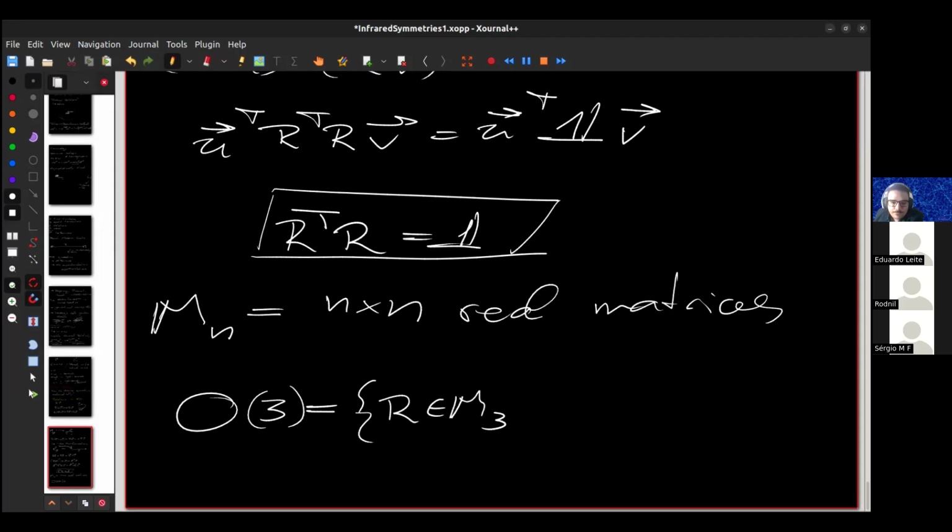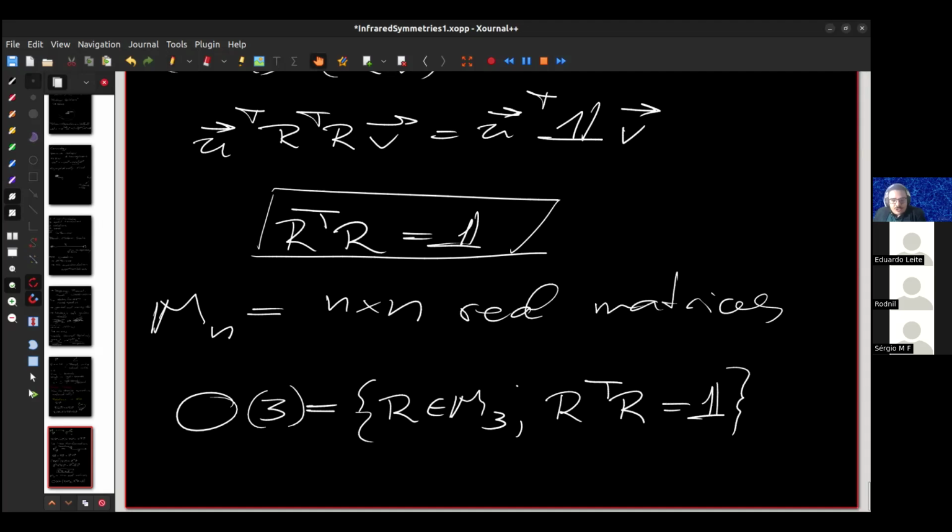They are 3 by 3, and they satisfy the condition I asked about earlier. So this is the collection of all 3-dimensional rotations. Let me explain the notation a little bit. This O stands for orthogonal, which is the name we use for real matrices that satisfy this condition here.